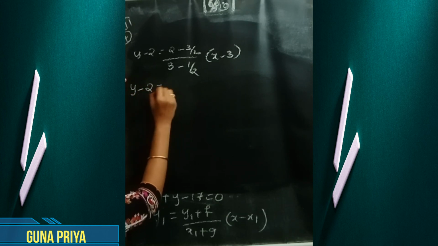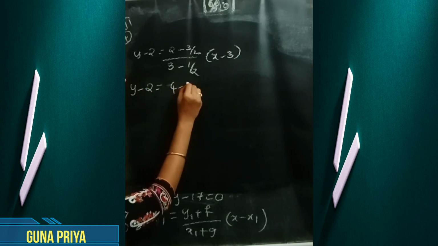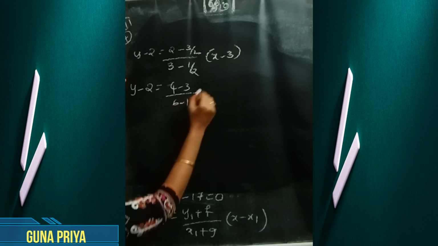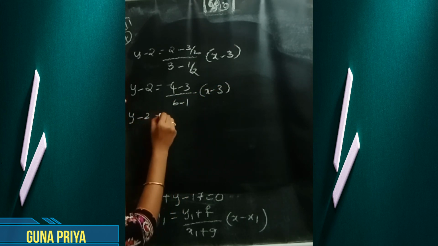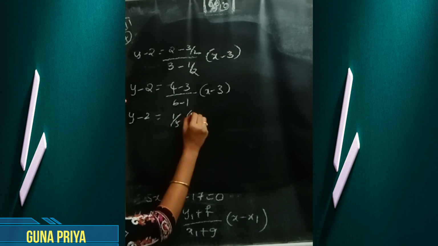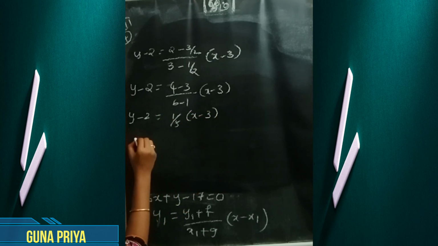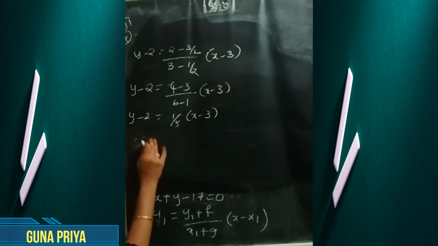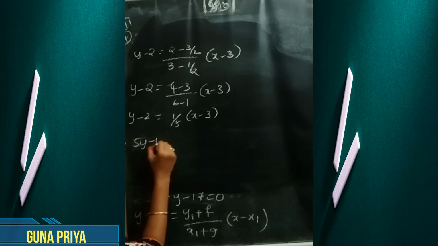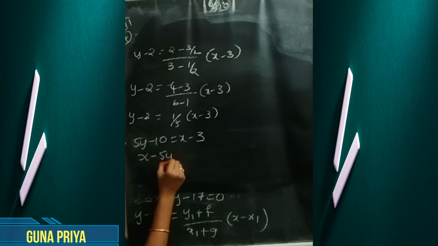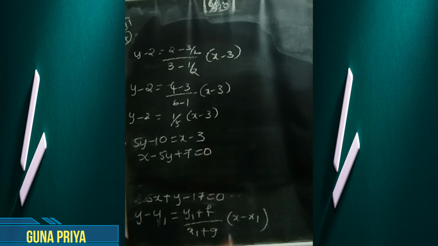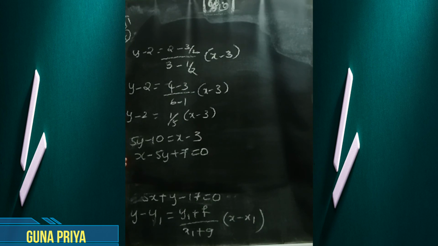So y minus 2 equals to 4 minus 3 by 6 minus 1 by 5 x minus 3, that equals to 5y minus 10 equals to x minus 3. So x minus 5y plus 7 equals to 0. So this is the equation of normal.